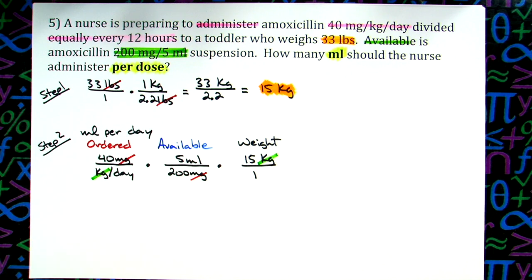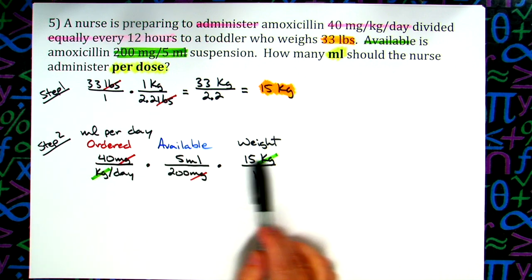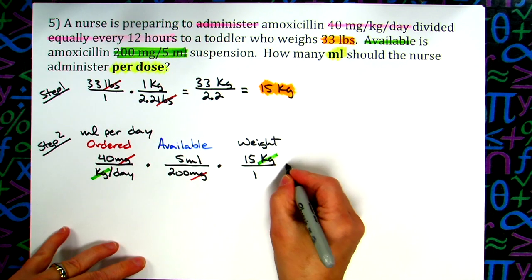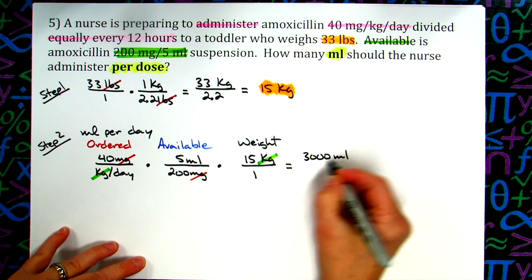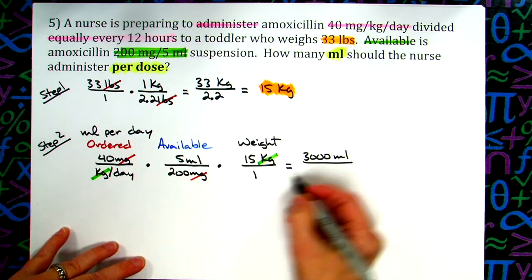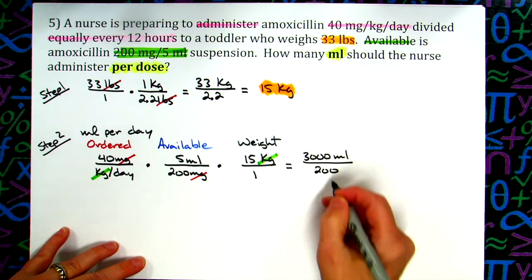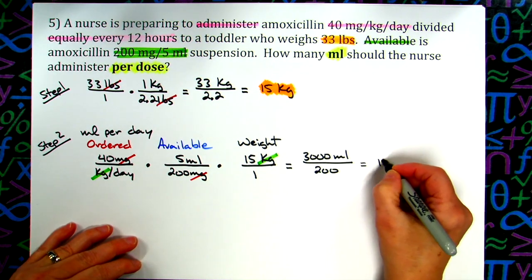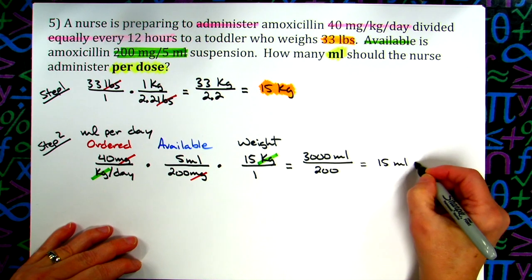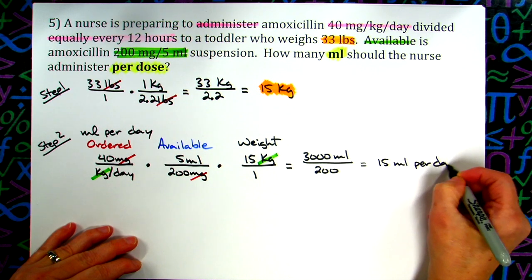So now I will have milliliters per day left over when I do this. All right, we're going to multiply straight across the top. When we multiply straight across the top there, we'll get 3,000 with our label of milliliters. Multiplying straight across the bottom, I'm just going to have a nice little 200. You're going to divide 3,000 by 200. There you will have 15 milliliters per day.